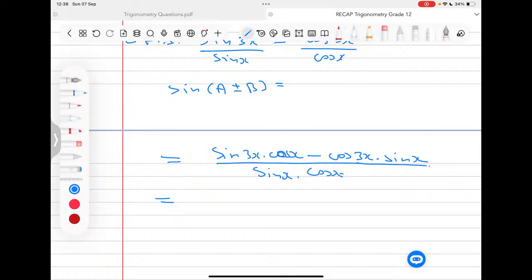When you have a sine, you actually mix these two. You start with sine a, and then it becomes cos b. The best way to remember this is that when you have a sine, the sign doesn't change. It means here we're also going to have plus or minus. So sine means the sign doesn't change.